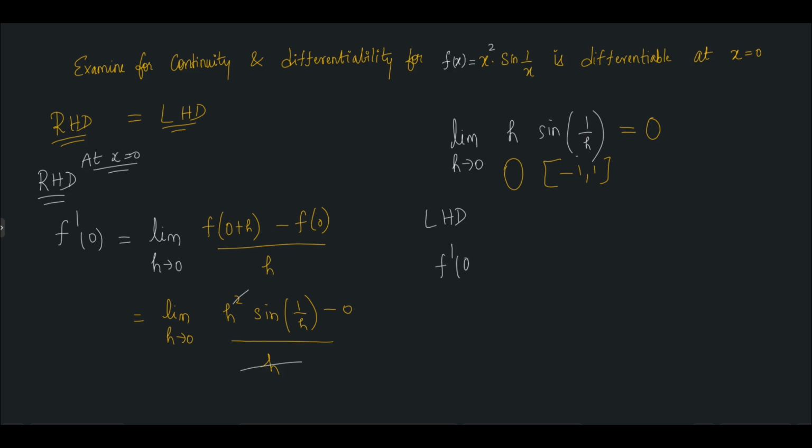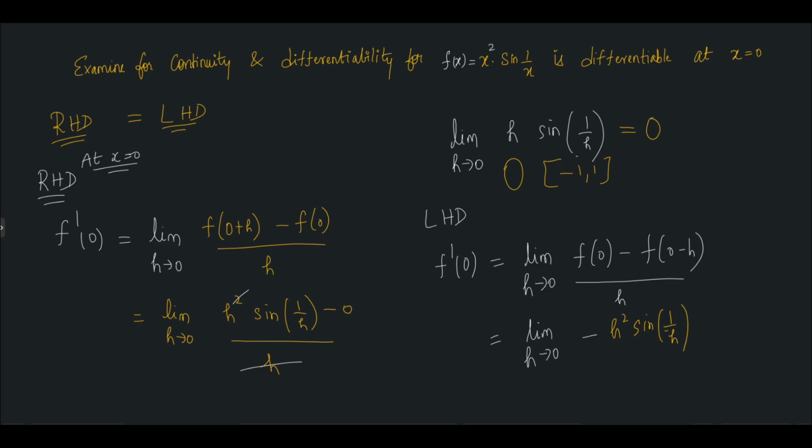So f dash of 0, limit h approaches 0, f of 0 minus h divided by h. So limit h approaches 0 of minus h square into sine 1 by h, which is minus, divided by h.